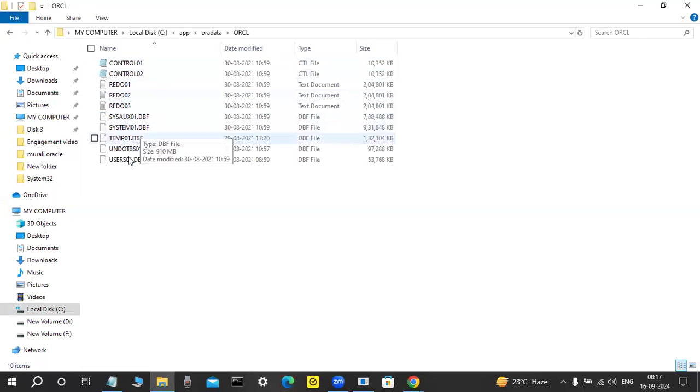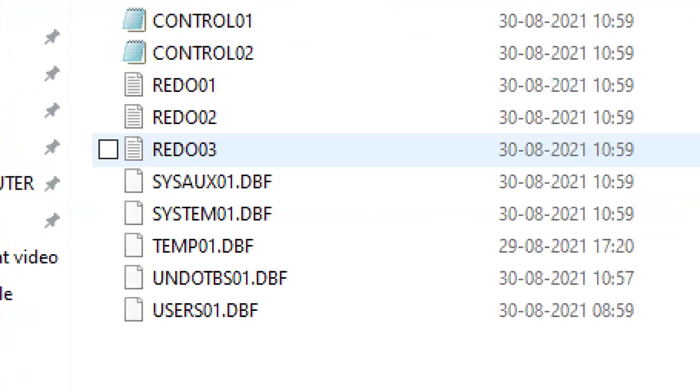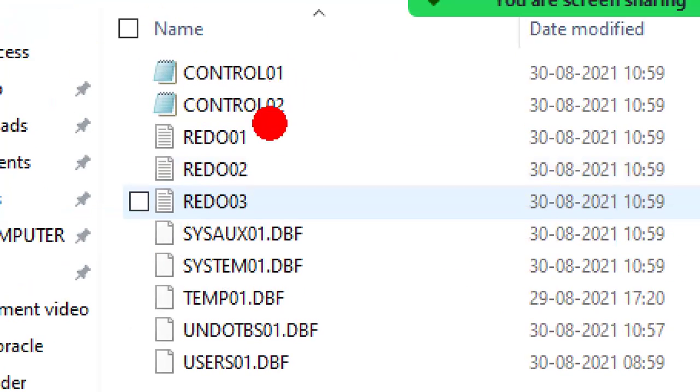Now check it out. Is the Ganesh table visible or not visible? One minute. Observe it here. Ganesh is a table I just created. Is the table visible or not visible? Very good. Not visible.